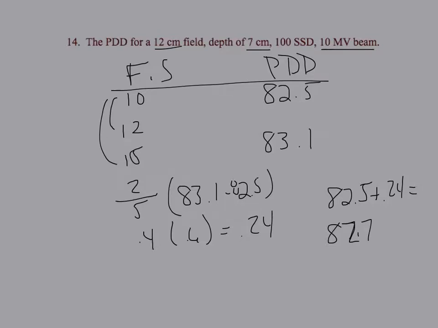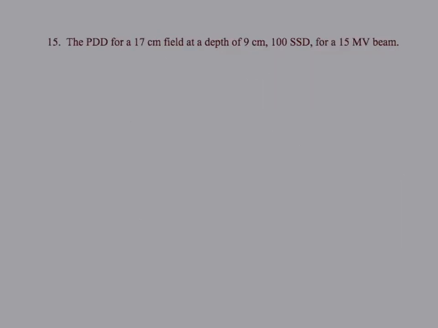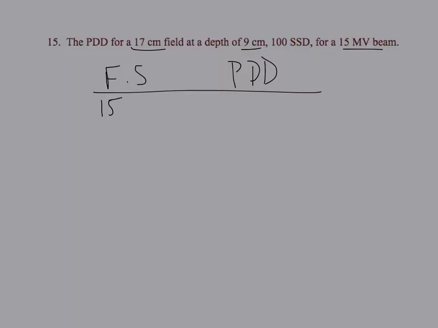82.7. And the last one, percentage depth dose for a 17 cm field, depth of 9, 15 MV. Let's interpolate again. So field size, if it's a 17, we're going to go between 15 and 20. Percentage depth dose is 80 for 15, 80.3 for 20.